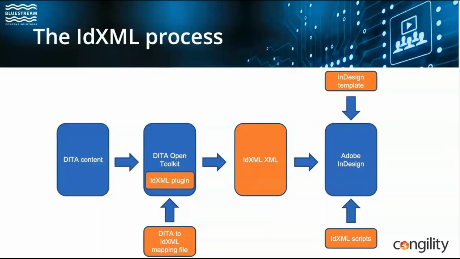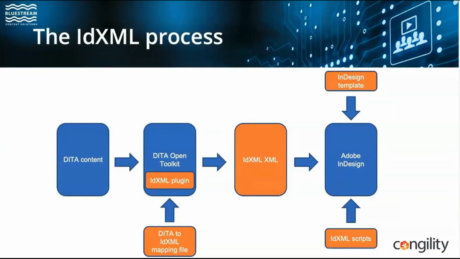Typically you would use a template that would include all of the required styles and features, and then import the flattened IdXML XML that the plugin has created. And again, as I mentioned before, you can automate repetitive processes or more complex layout items, tables, and things like this with scripts if required.